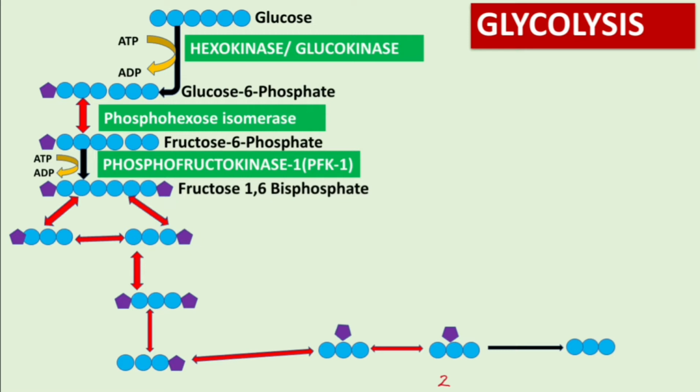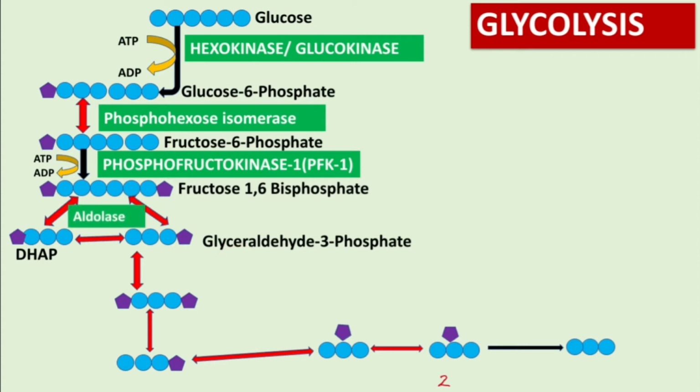Now, this fructose 1,6-bisphosphate is cleaved by another enzyme called aldolase into these two molecules, dihydroxyacetone phosphate and glyceraldehyde 3-phosphate.